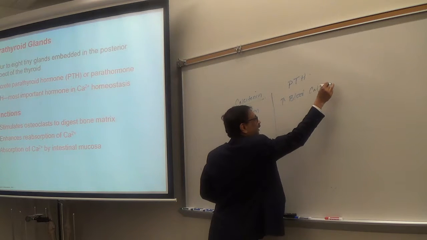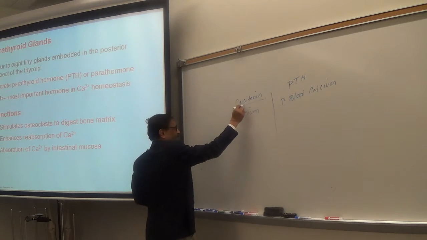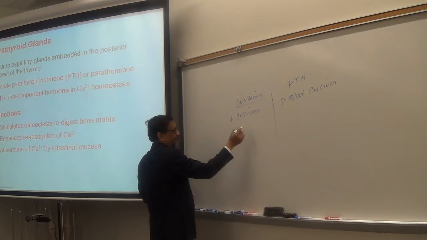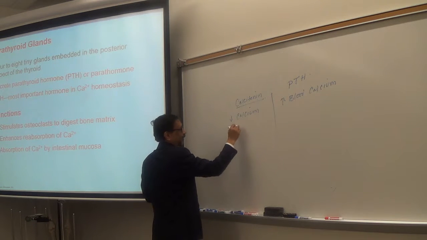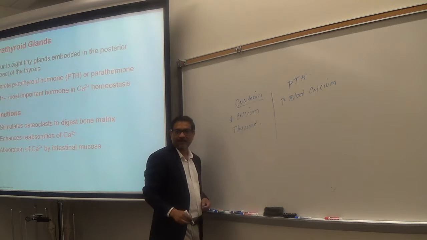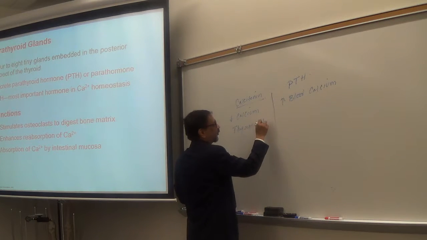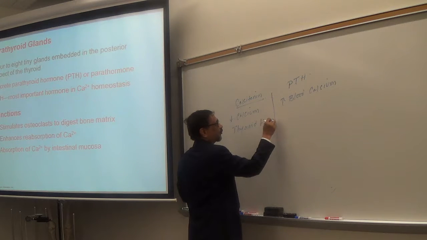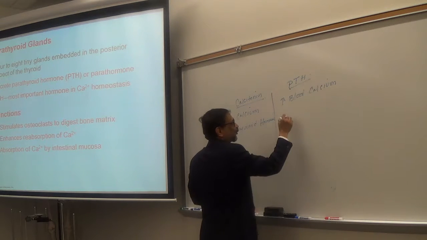Number one, calcitonin comes from which gland? Thyroid, right? It is a thyroid hormone. Parathyroid hormone comes from which gland? Parathyroid gland.